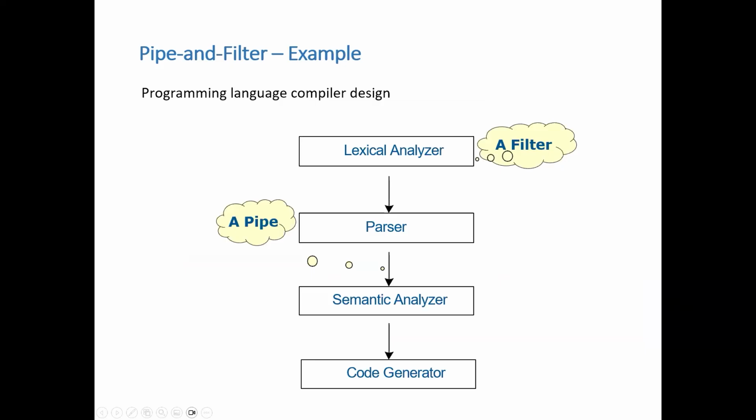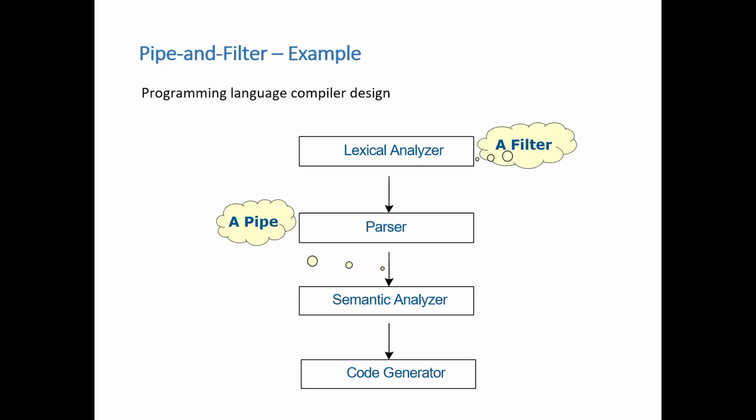Let's look at how the pipe and filter style is applied in something you have likely studied before, compiler design. In a typical compiler, we break the work into several phases, lexical analysis, parsing, semantic analysis, and finally code generation. Each of these steps is essentially a filter. It receives some structured input, processes or transforms it, and passes it along.